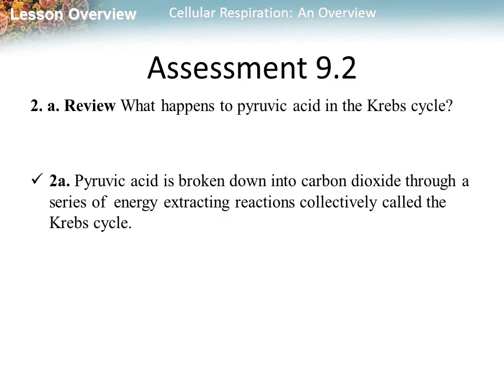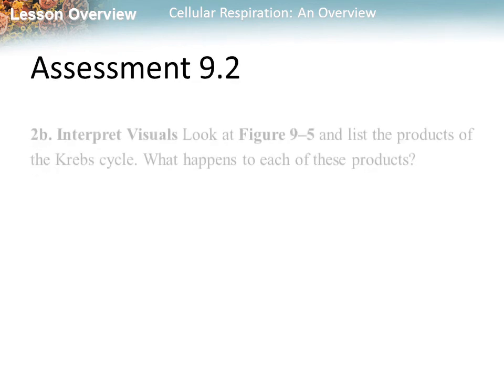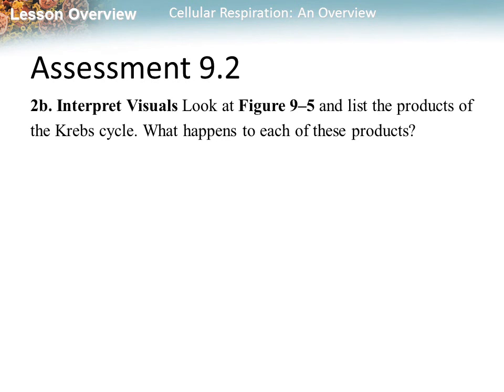So let's see 2A. What happens to pyruvic acid in the Krebs cycle? What happens is that pyruvic acid is broken down into carbon dioxide through a series of energy extracting reactions collectively called the Krebs cycle. Let's see 2B. Look at figure 9.5 and list the products of the Krebs cycle.